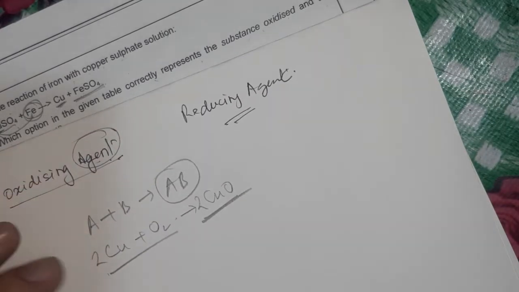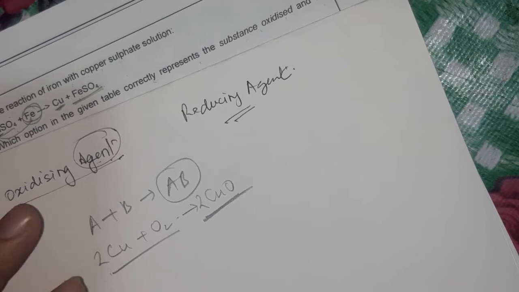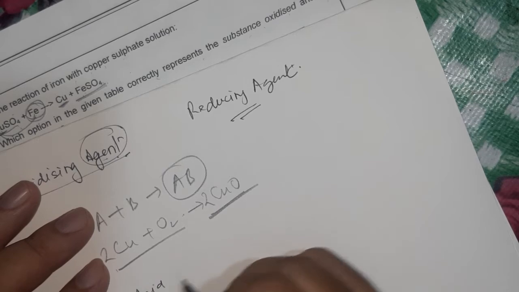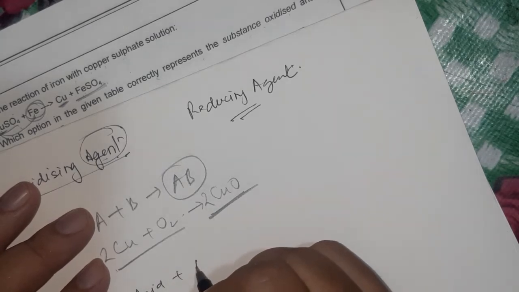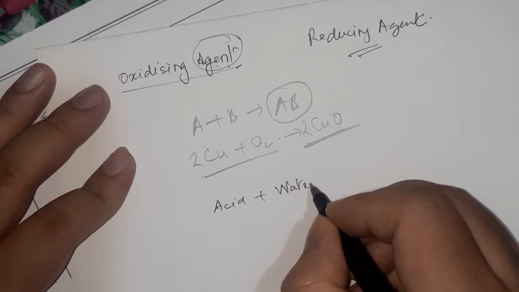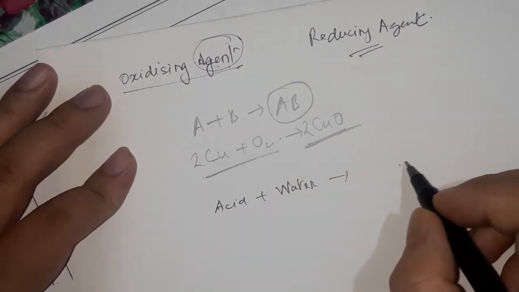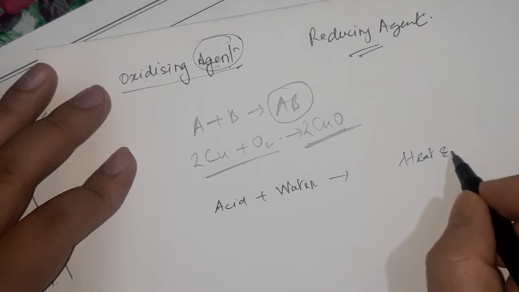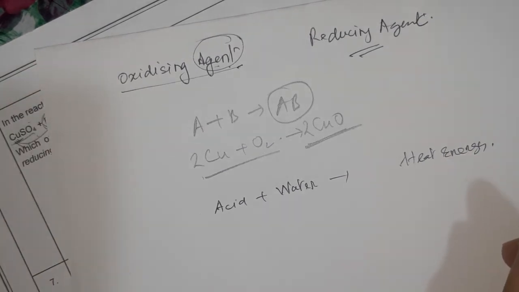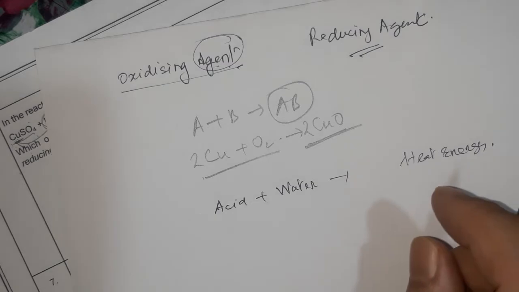You know that whenever acid and water are combined, they produce a large amount of heat energy, which may splash out and cause harm to our body. It can burn our skin.